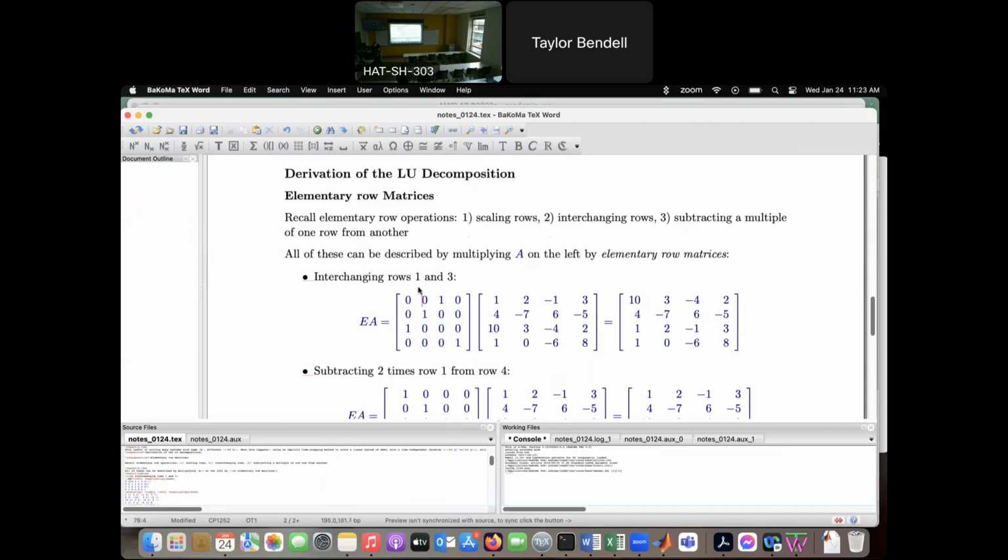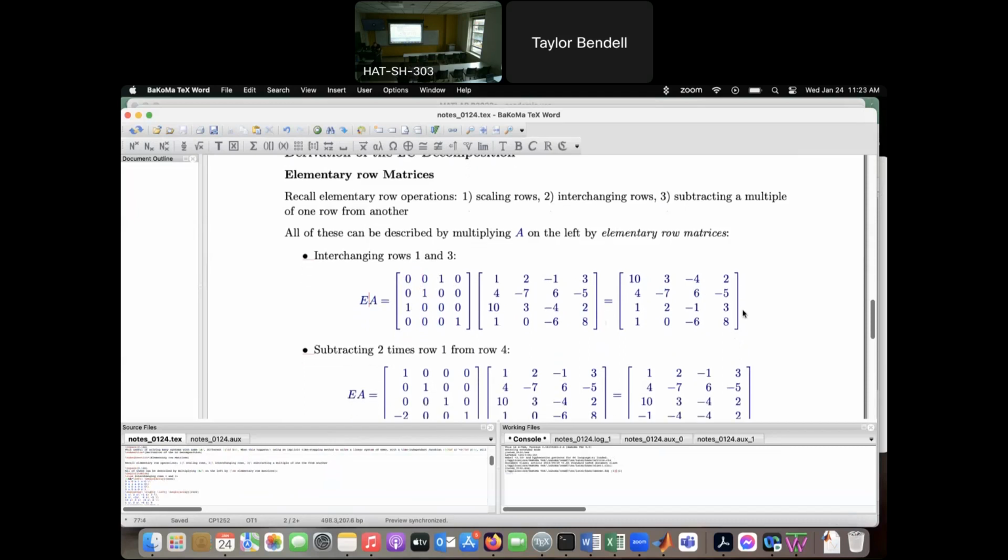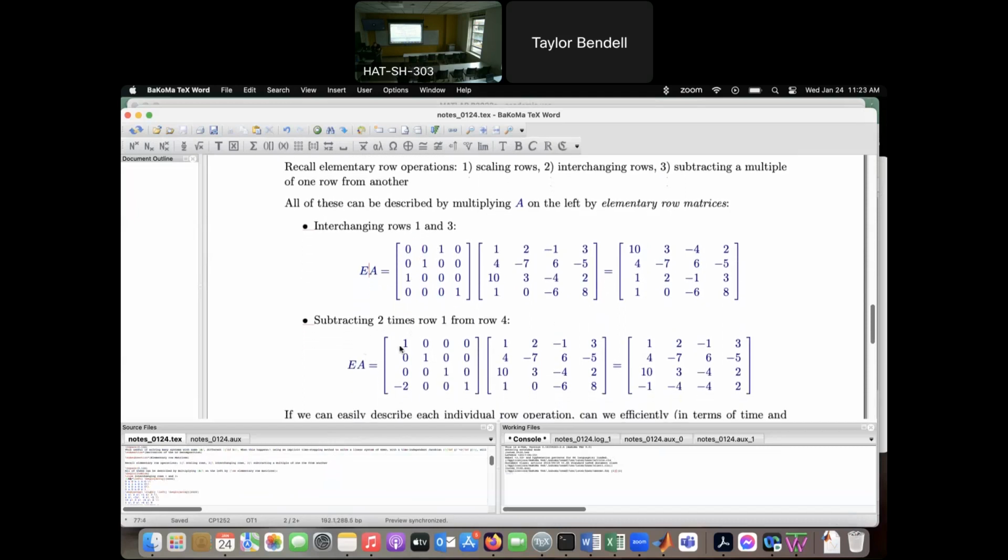So you apply the operation to the identity. You take that matrix, which is called an elementary row matrix, a capital E here, and that will carry out the operation on A. Here's another: subtracting 2 times row 1 from row 4.